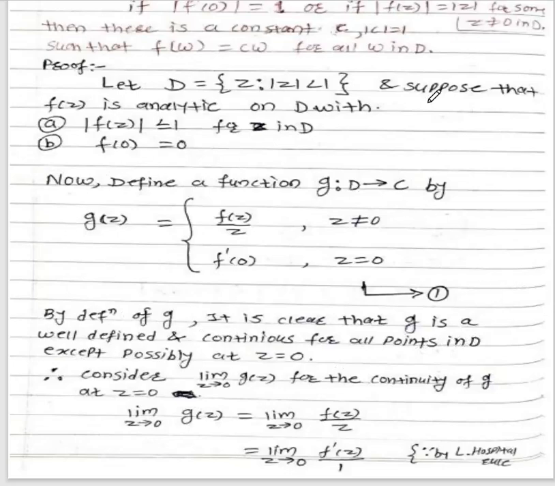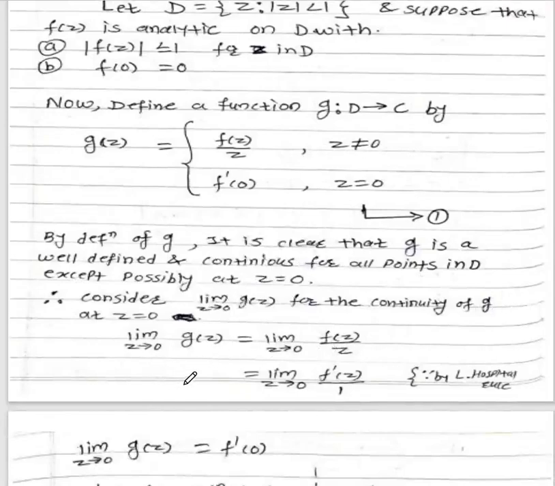So we can consider the limit of g of z. Taking the limit of g of z at z equal to 0 for the continuity of g at z equal to 0, we get limit z tends to 0 g of z equal to limit z tends to 0 f of z upon z, for z not equal to 0.